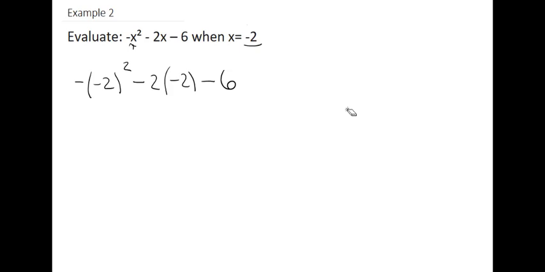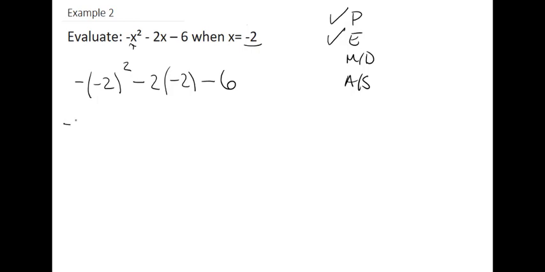The first thing we'll deal with, as remember, is parentheses. And we can see that we have parentheses, but there isn't as much to do inside the parentheses. So we don't actually have to do anything inside of parentheses to reduce it to its simpler form. So the next thing we'll do is exponents. So now we have negative 2 squared.